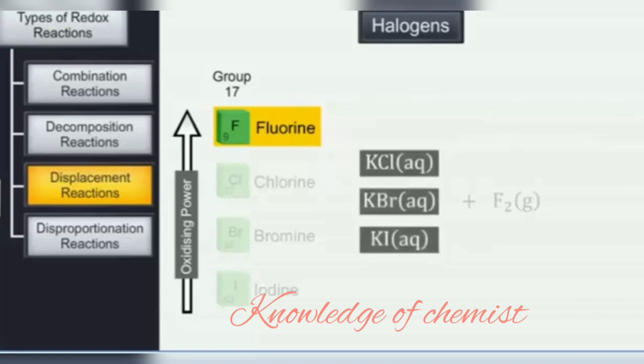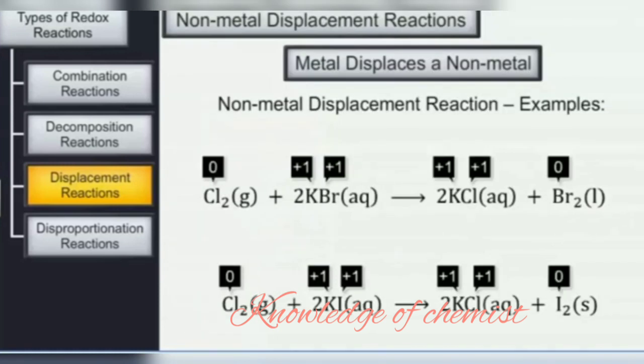Therefore, displacement reactions of chlorine, bromine and iodine ions with fluorine are not carried out in aqueous solution. Let's look at this reaction, in which chlorine displaces bromine and iodine ions from the aqueous solution of their salts. These reactions are used to identify bromine and iodine ions.